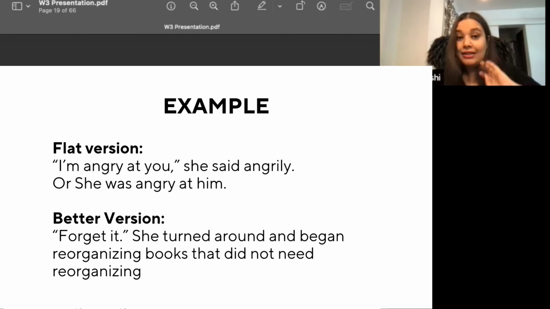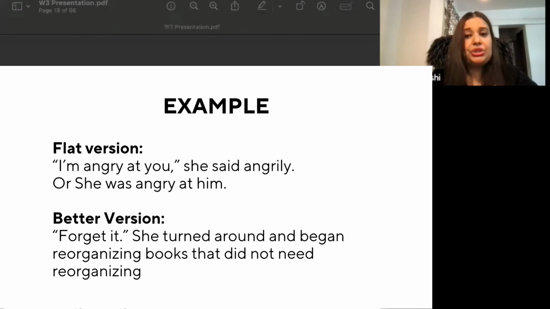But if you're not, and that is the core of the scene, you are not going to be showing it like this. Instead, what is better is: "Forget it." She turned around and began reorganizing books that did not need reorganizing.